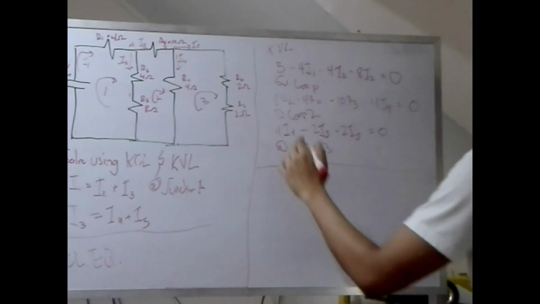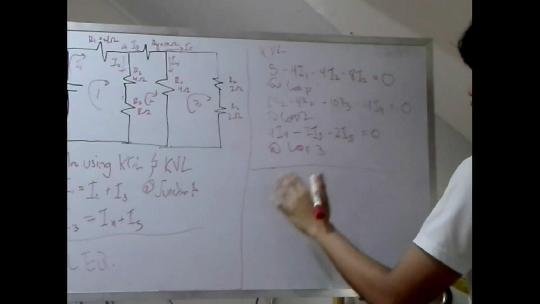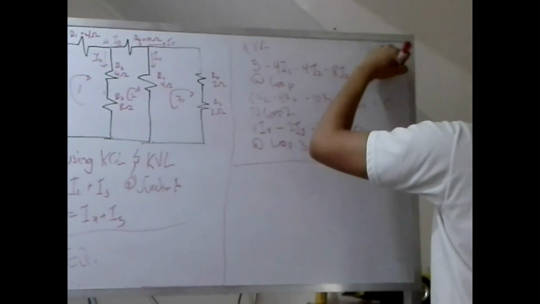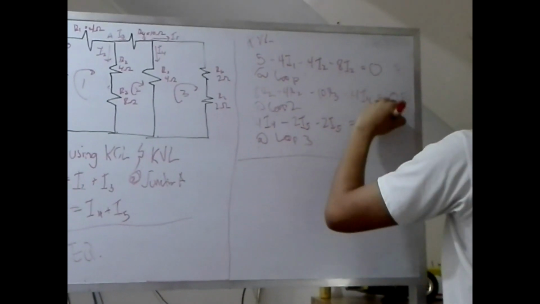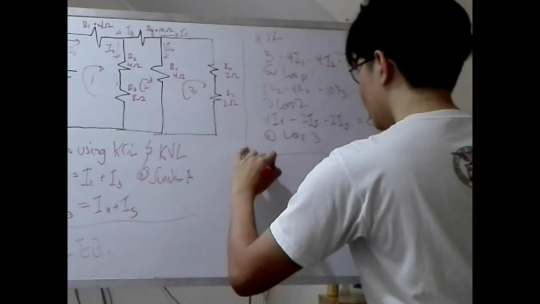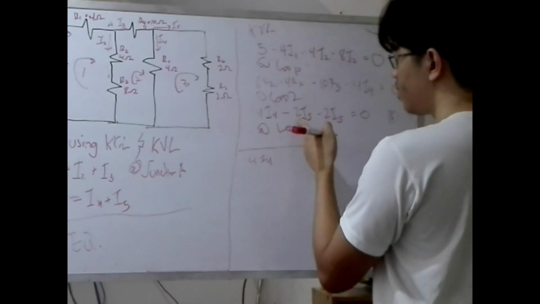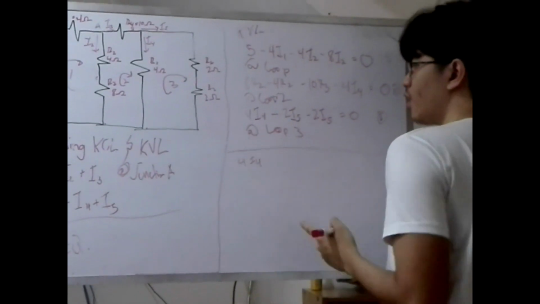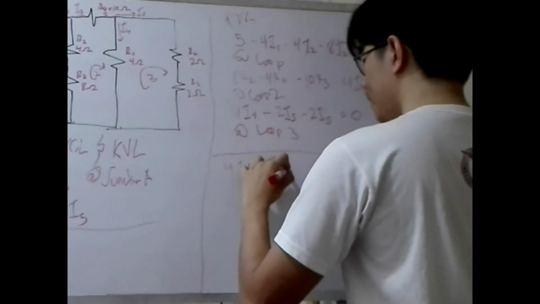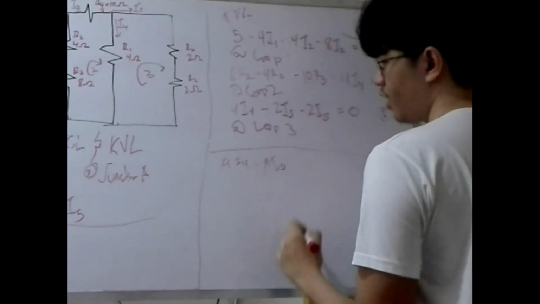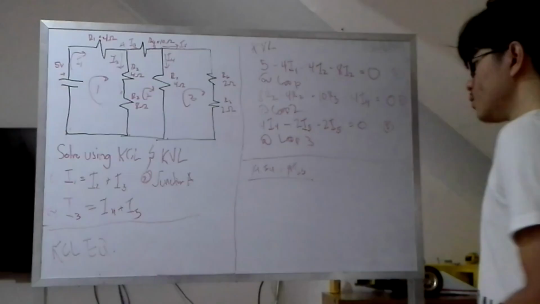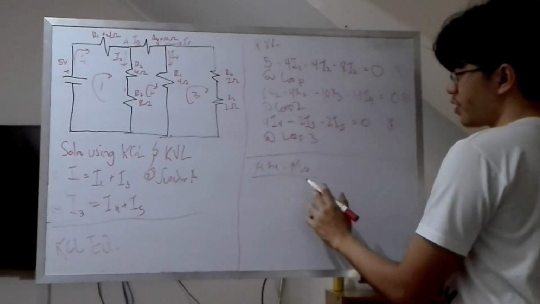We could simplify equation number 5 to deduce that 4I4 minus 2I5 minus 2I5, negative 4I5 at both sides, 4I5. We have deduced that I4 and I5 are equal. So now we know that I4 is equal to I5.